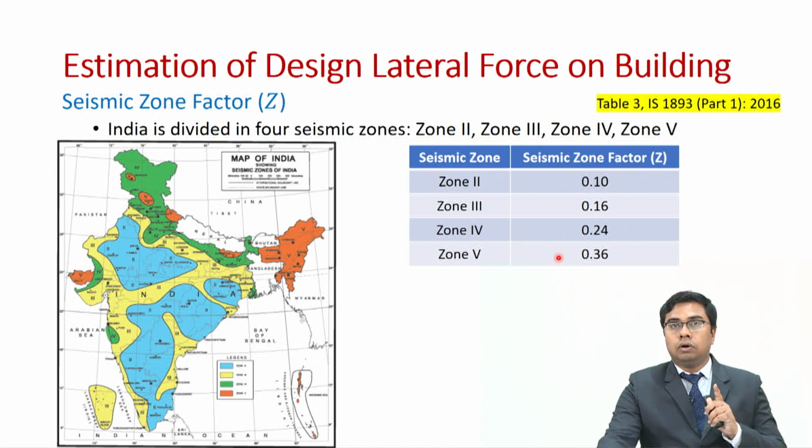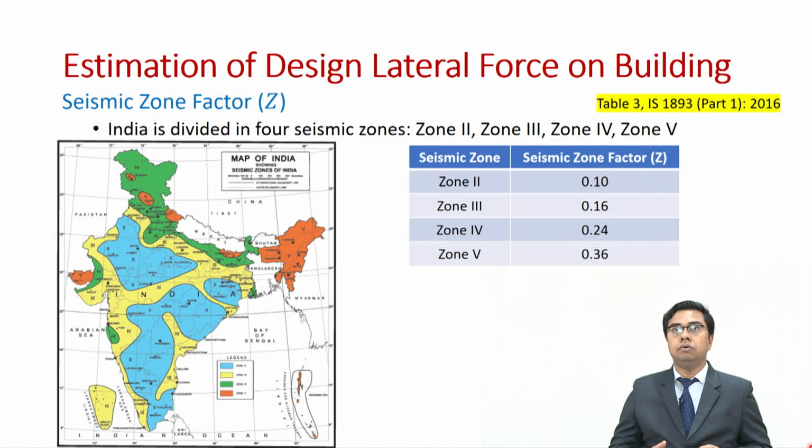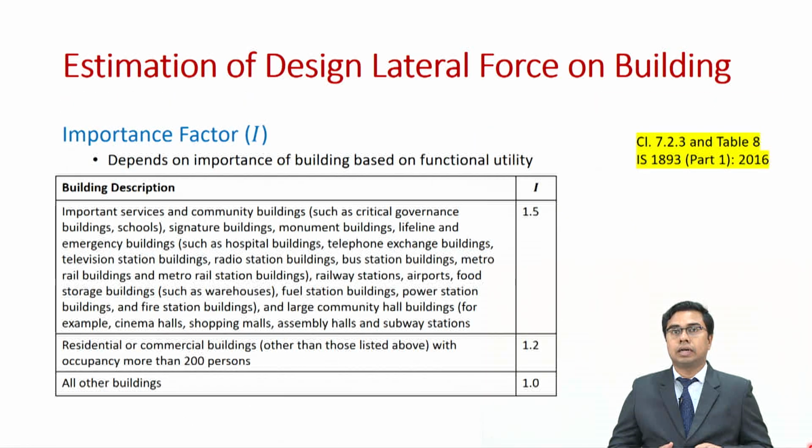Means for constructing identical building in a place which is located in zone 5, you are roughly increasing your design seismic load by 3.6 times compared to the same identical building being built at a place located in seismic zone 2. So, now we have looked into seismic zone factor, we will now look into importance factor.